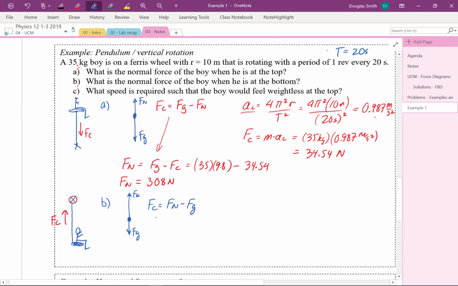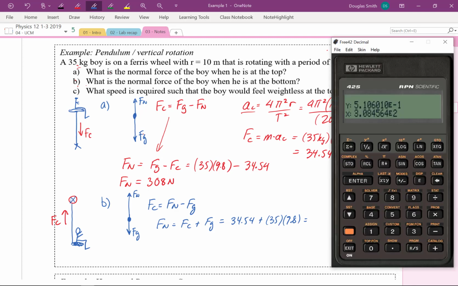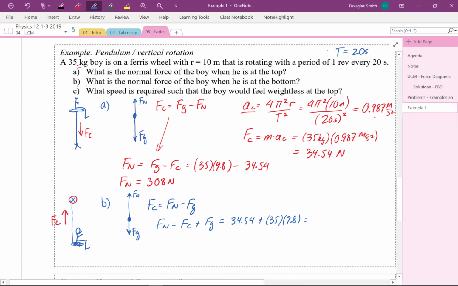So let's calculate. This time, Fn is equal to Fc plus Fg. So that is 34.54 plus 35 times 9.8. So this time it's 378 newtons.